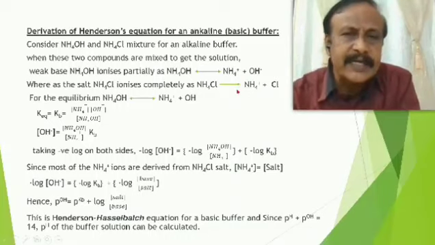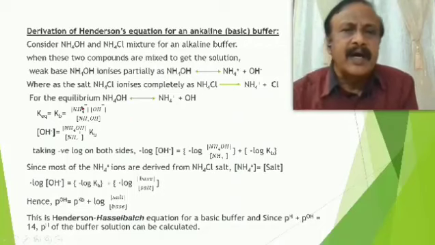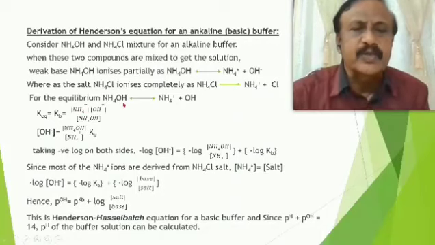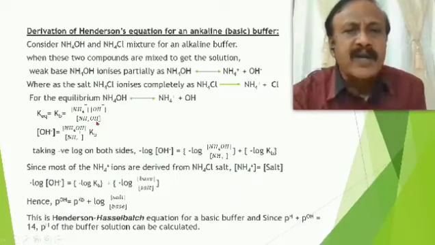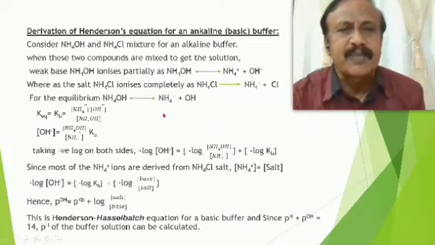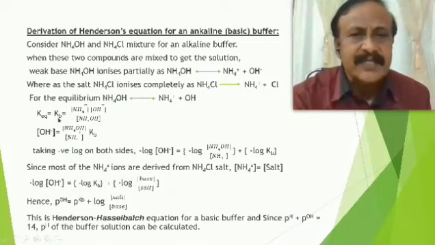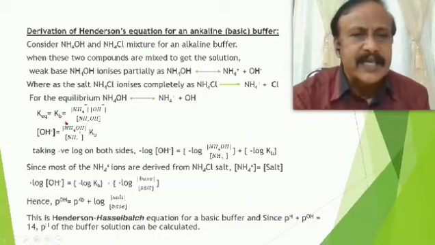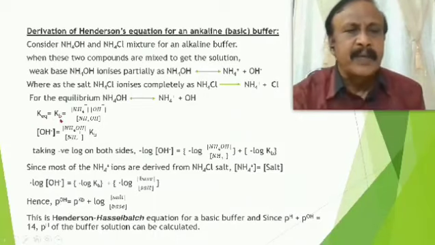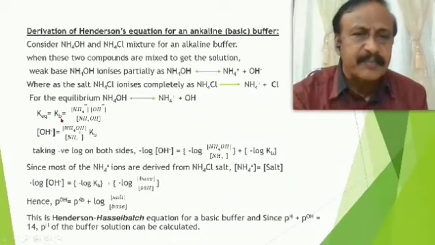Now to proceed, we have to take the reversible dissociation of ammonium hydroxide, because we are going to apply the law of equilibrium. Ammonium hydroxide ionizes into NH4 plus and OH minus. The reversible sign is here. Apply the law of chemical equilibrium. K equilibrium is equal to Kb, because here it is a base.